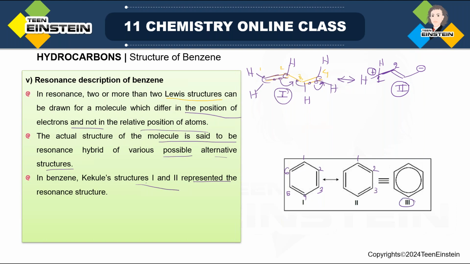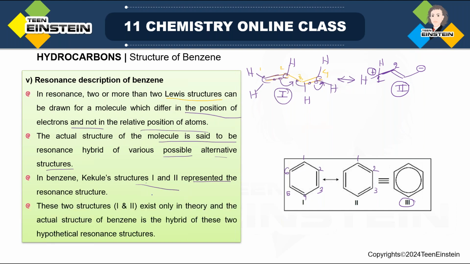And structure 3 is the hybrid of these 2 structures. So Hückel structures 1 and 2 represent resonance structures, but when you have to consider the resonance hybrid, that is structure 3. These 2 structures exist only in theory, and the actual structure of benzene is the hybrid of these 2 hypothetical resonance structures.